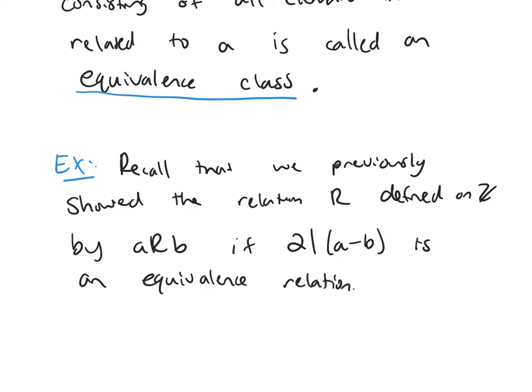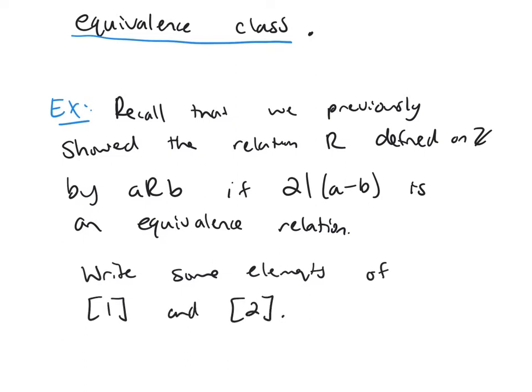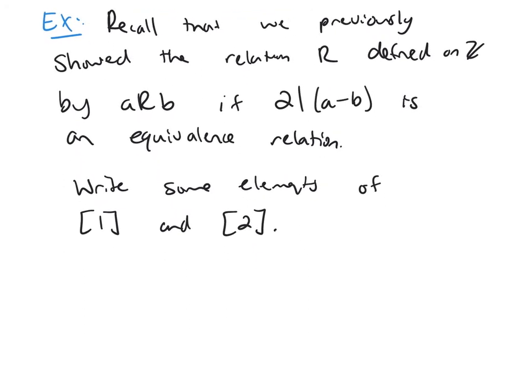So in an earlier video we showed that this relation was reflexive, symmetric, and transitive, which means it is an equivalence relation. And so I want you to write some elements of the two equivalence classes 1 and 2. In order to do this, let's start with the equivalence class of 1.